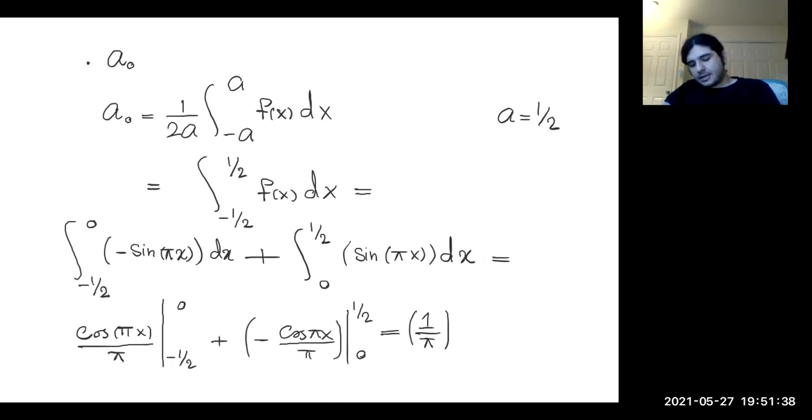From the second term, we would have cosine of pi over 2 over pi, which is 0, and then we would have cosine of 0 over pi, which is just 1. And so we would get 0 minus minus 1 over pi, so the sum would be 2 over pi. So the value of a naught is simply 2 over pi.